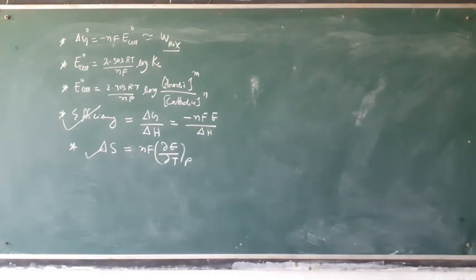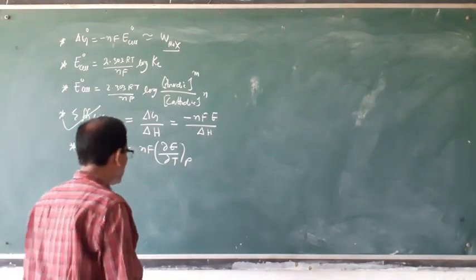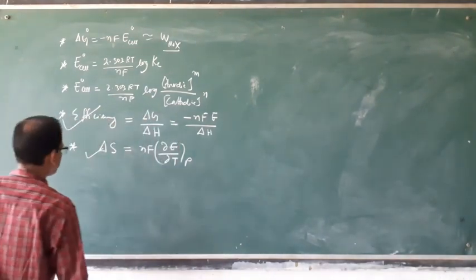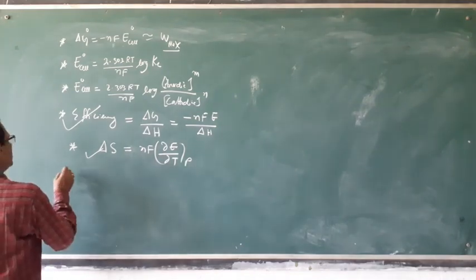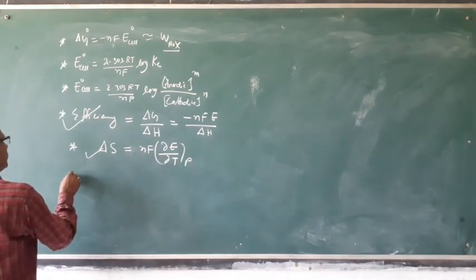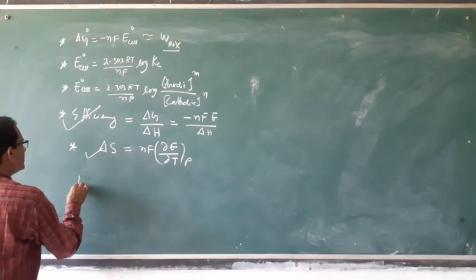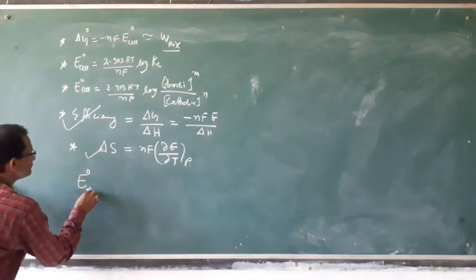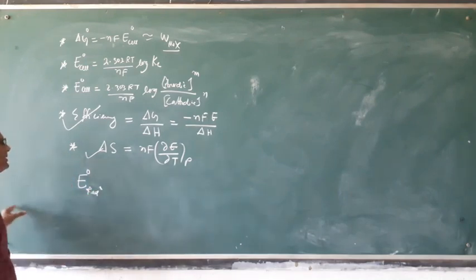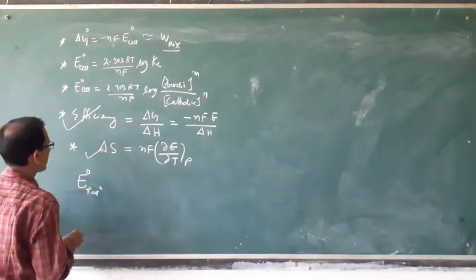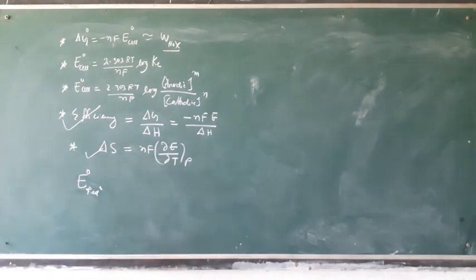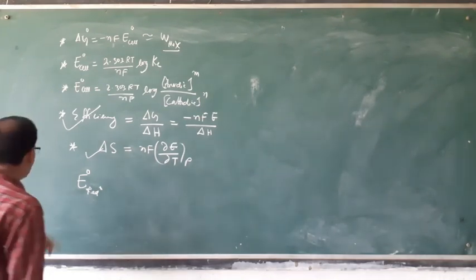Then we know the electrochemical series. In the electrochemical series, the E naught value is the electrode potential in terms of reduction, the reduction potential. It also indicates the reducing character and oxidizing character of the element.